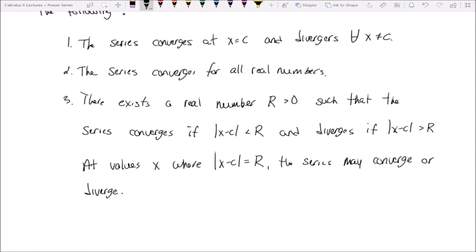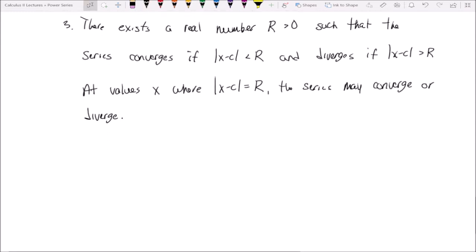Well, this R is going to be called the radius of convergence.